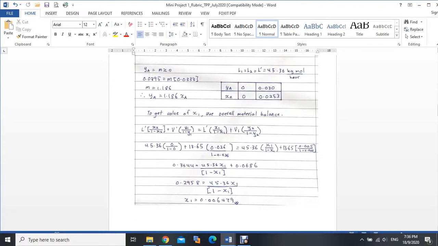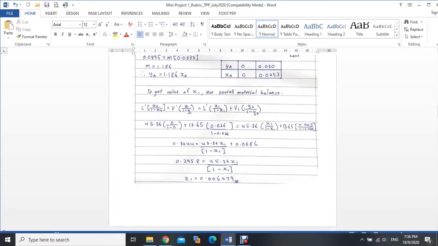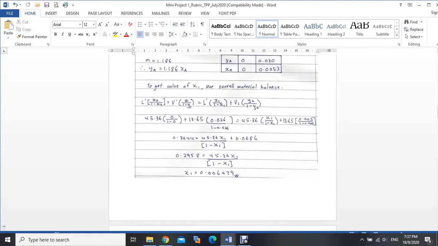To find x1, we need the material balance. We substitute all the values that have been given into this material balance and solve it, and we have found the calculation for x1. The x1 is 0.006479.